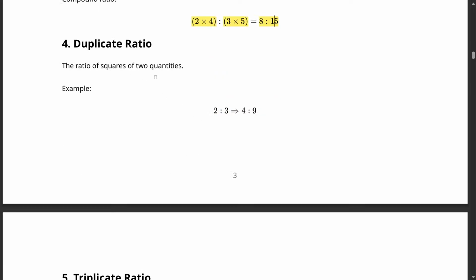Duplicate ratio is the ratio of squares of two quantities. That is, 2 is to 3 implies 4 is to 9.